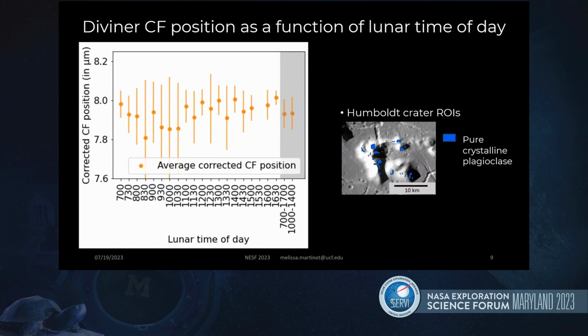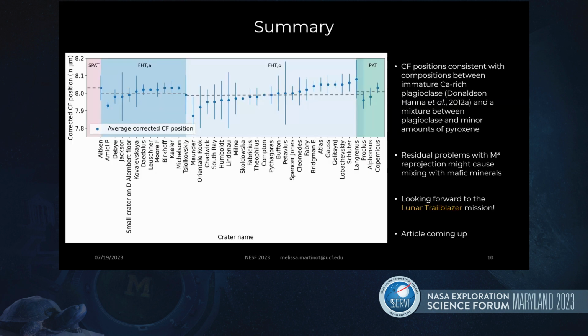In blue here are the regions of interest where we find pure crystalline plagioclase spectra. I just want to draw your attention to the fact that it's like a disco ball, right? We have regions of interest a little bit scattered all around the central peak, and this may cause those wide variations.